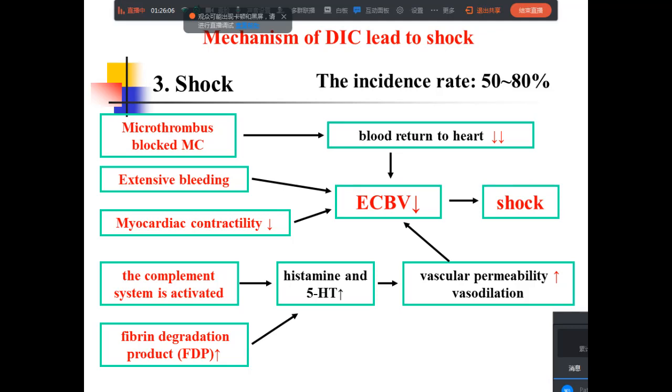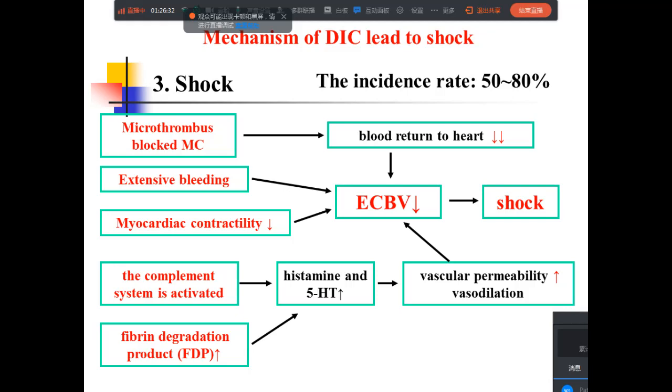You must explain that shock leads to coagulation function increase. And for DIC leading to shock, you must explain that DIC leads to ECBV decrease. Understand? Now, why does shock lead to coagulation function increase?